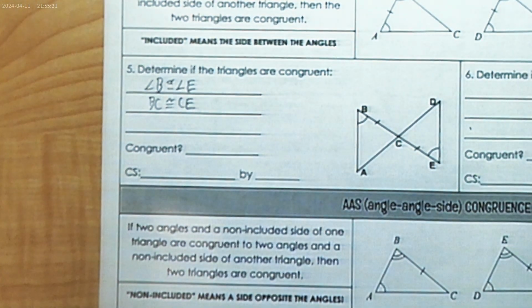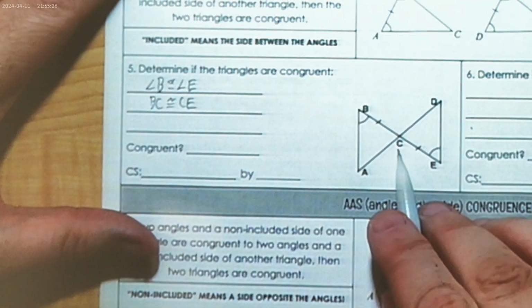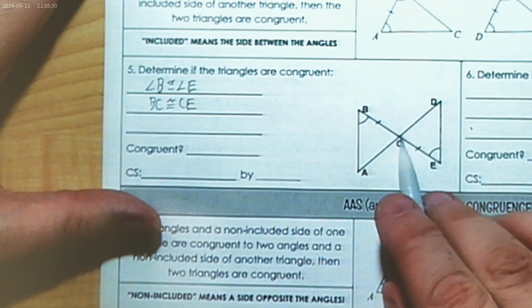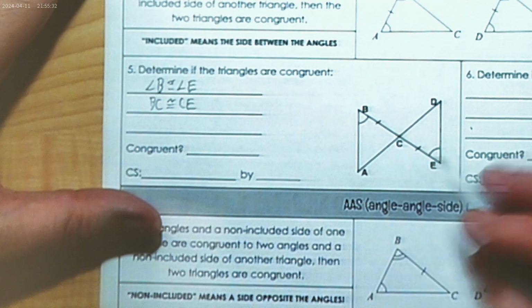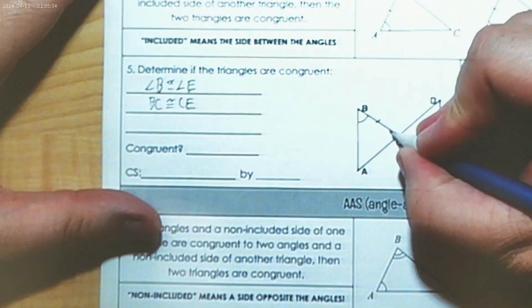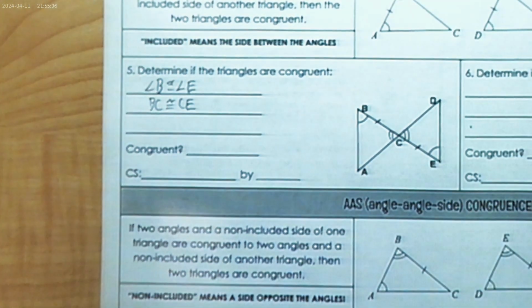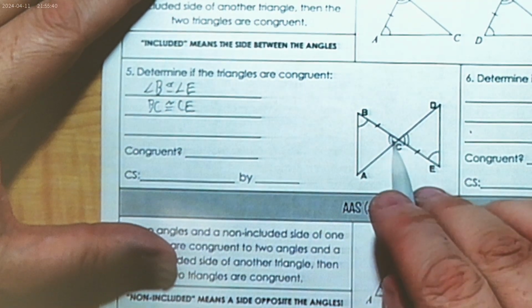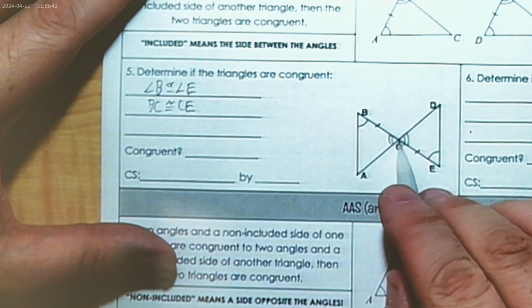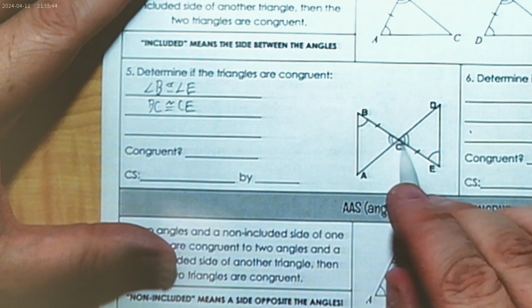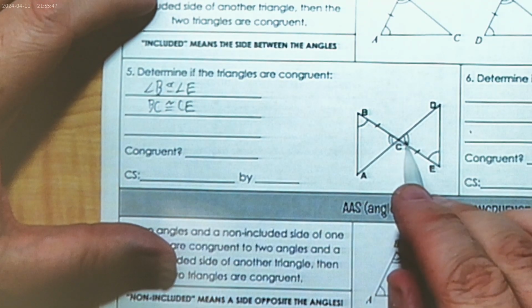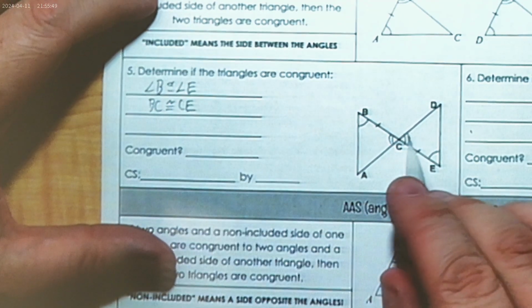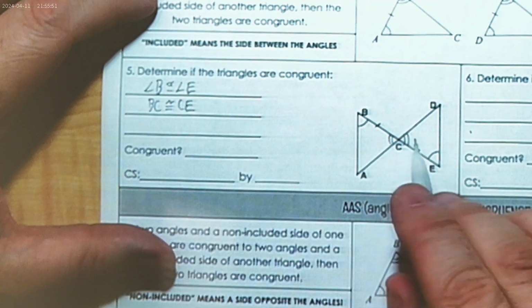And so now we're back to the same situation we were in before, where we have a set of vertical angles at a point here. These are vertical angles that are going to be equal to each other because they're formed by two intersecting lines at a point. So these angles do share a vertex, but they don't share a side. And so that means that these two are always going to be equal.